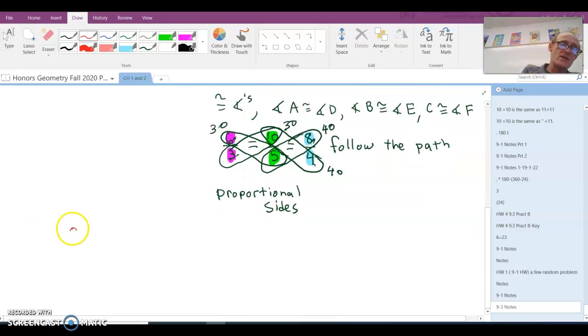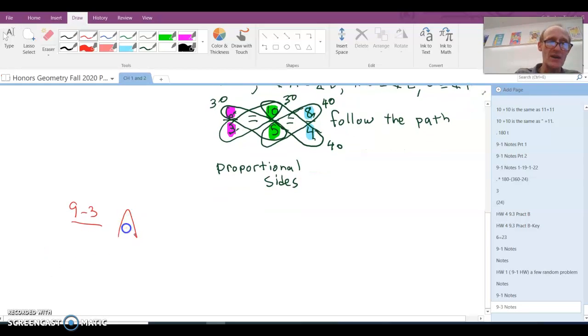And 9.3 is altitude to hypotenuse problems. Oh, dang it. There's also background information of something called the geometric mean.